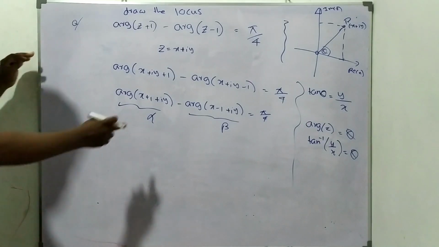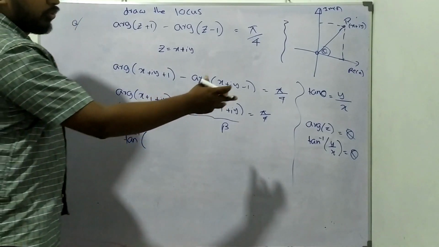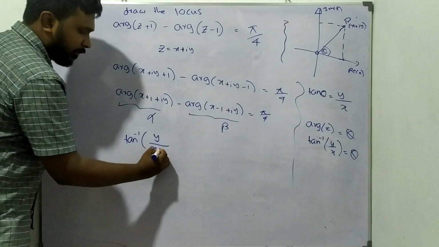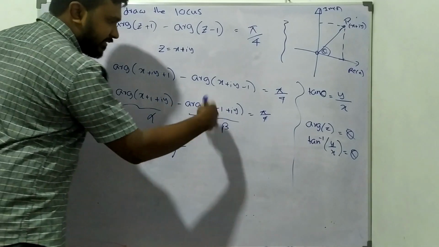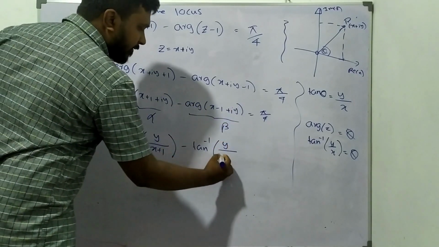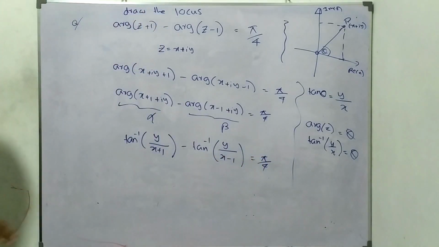So what is actually alpha? Alpha means tan inverse of the y component, the imaginary value y divided by x plus 1, minus tan inverse of y over x minus 1, equals pi by 4. Now you can see this is like a trigonometric inverse function.